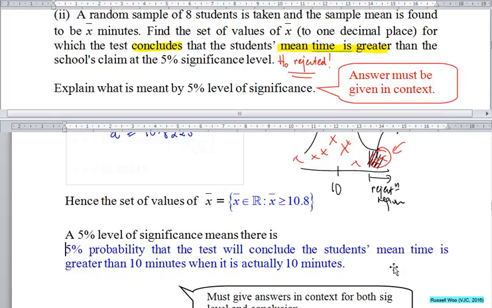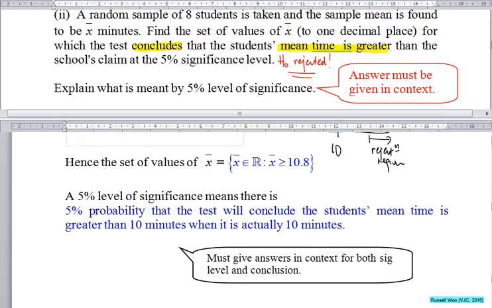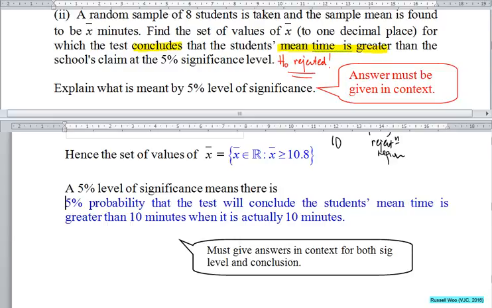Must explain in context: 5% level of significance is the probability of the test concluding the mean time is greater than 10 when it actually is 10. All good? All right.